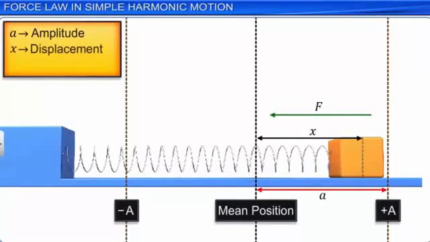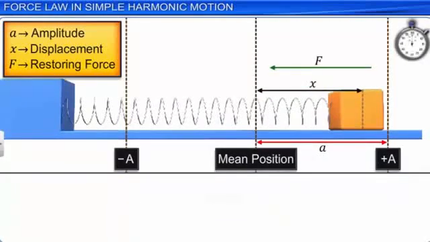Hence, this force is called the restoring force in simple harmonic motion. For simplicity, if we assume the initial phase phi to be 0, then the displacement of the body is x of t equal to a cos omega t.